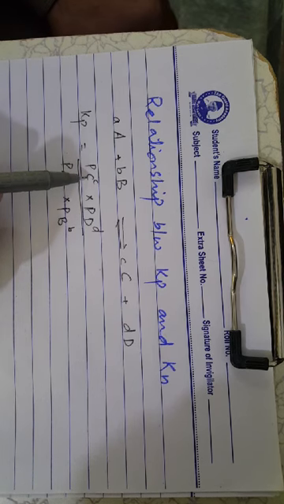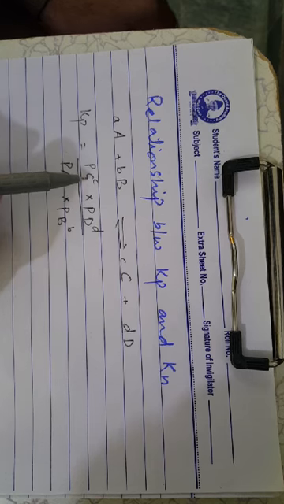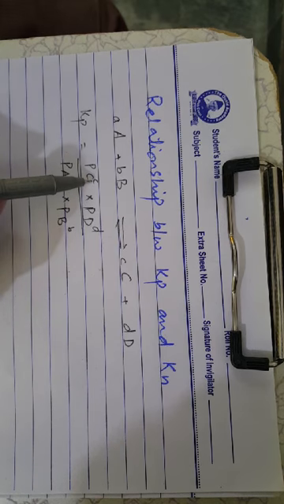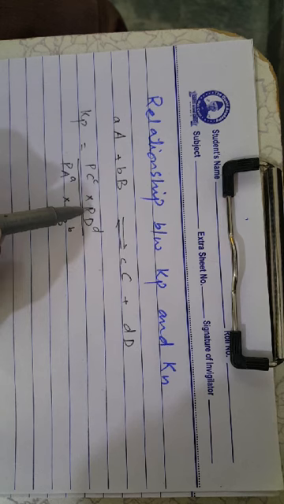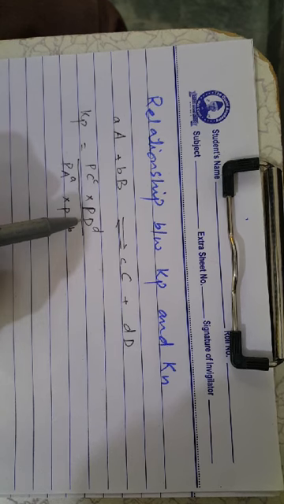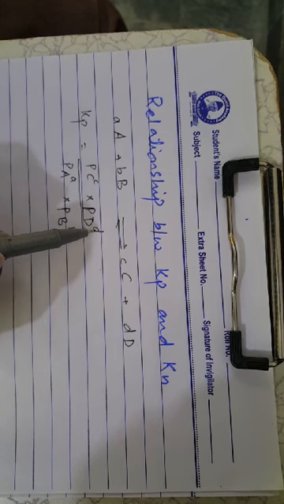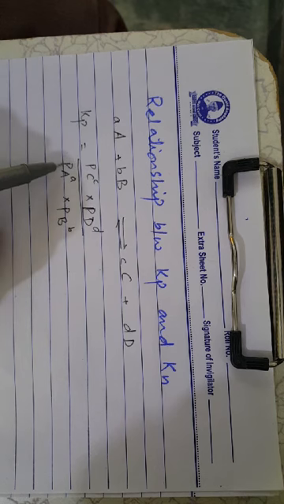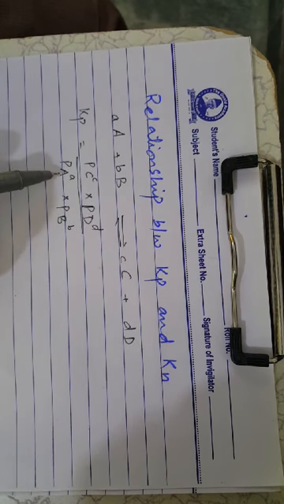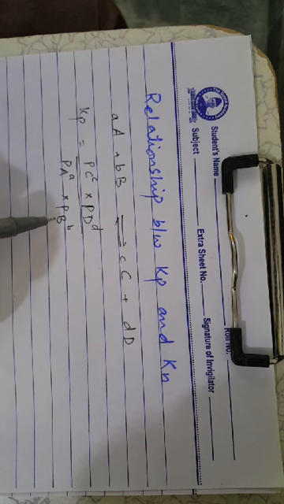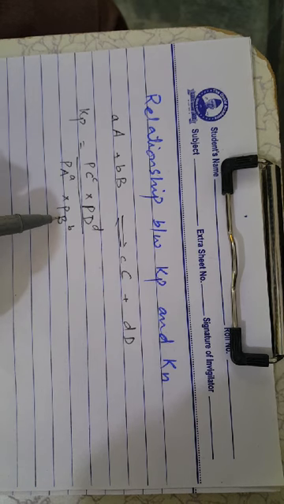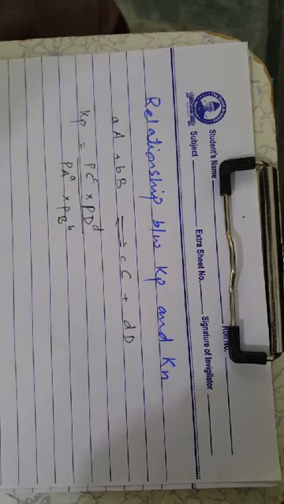C is the product substance which has been obtained as a product, and this small c is denoted as the number of moles of C. P for partial pressure, D is the second product, and the small d is the number of moles. P partial pressure, A reactant, a number of moles of A, P partial pressure once again, and B another reactant, and the small b denotes the number of moles of B.